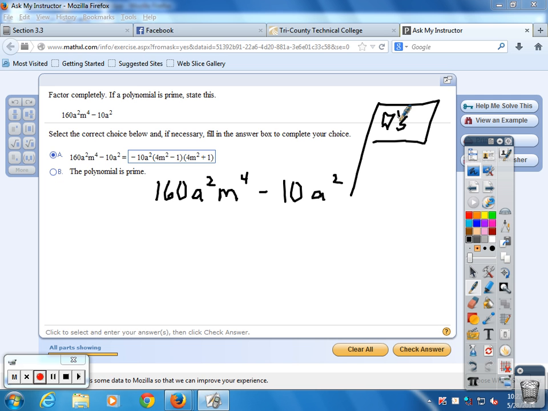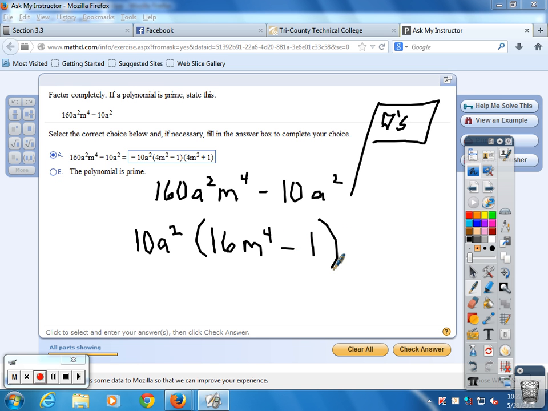What can you factor out of both of these terms? Well, your lowest exponent. And then what else? A 10. So let's do that. 10a squared, and I'll do this for you, 16m to the what? Minus what?